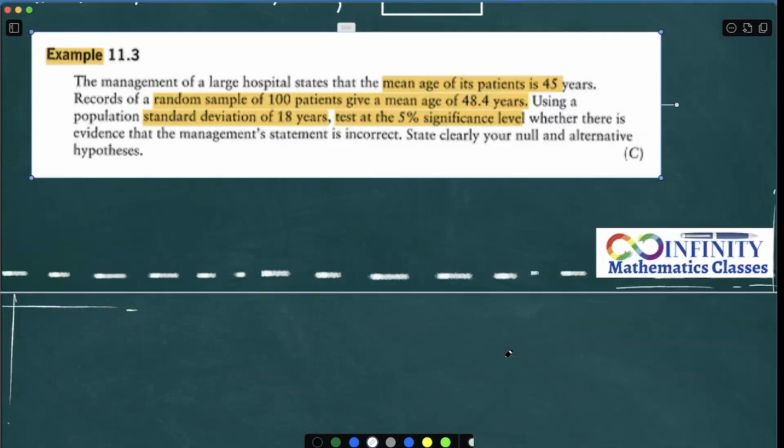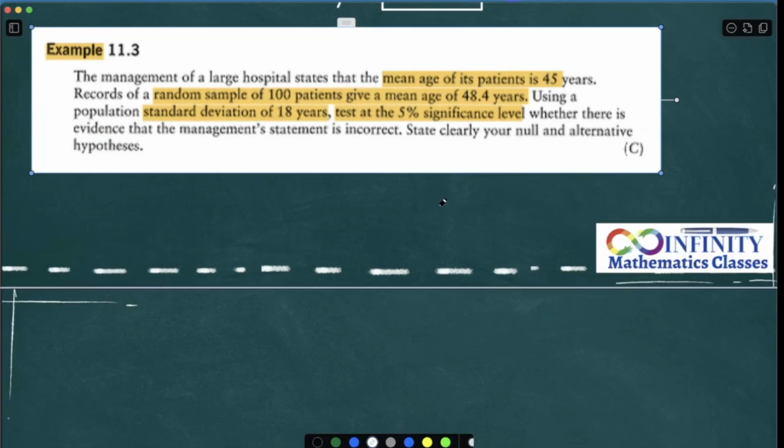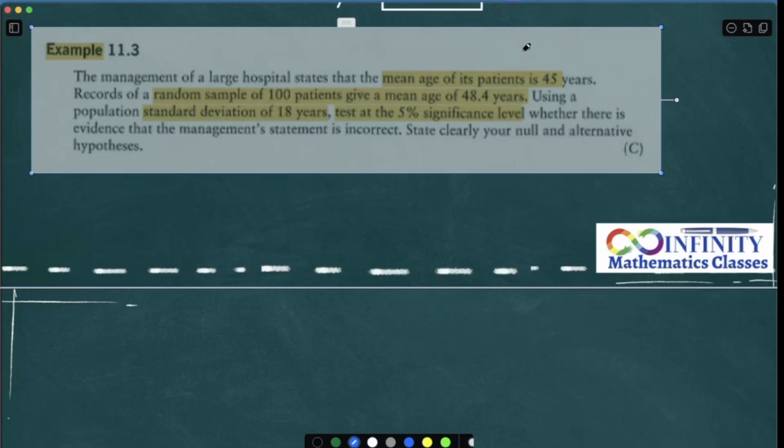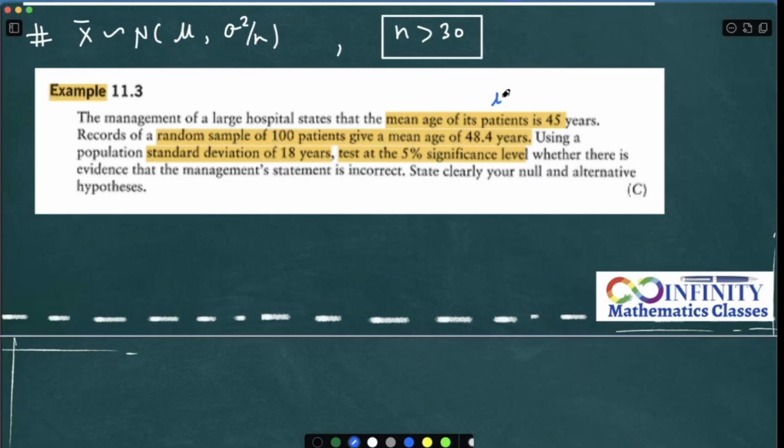The management of a large hospital states that the mean age of its patients is 45. It's 45 years, this is mu given to you. Records of a sample of 100, that means n equals 100 given to you.